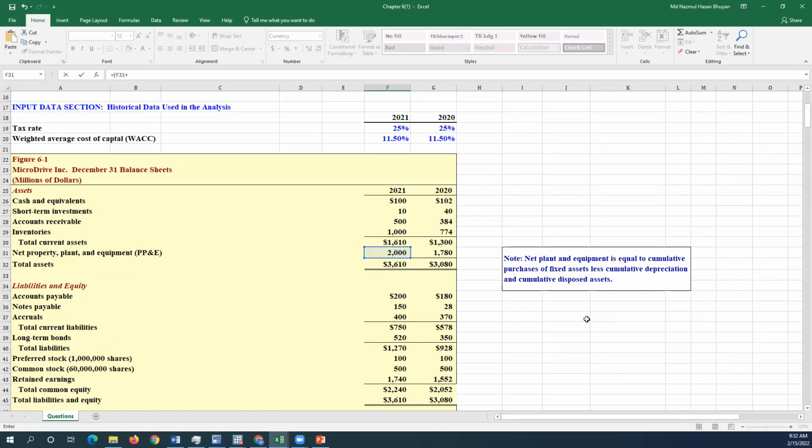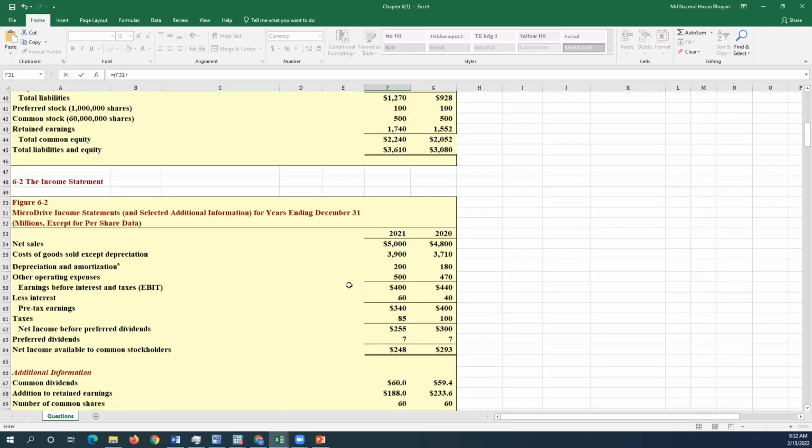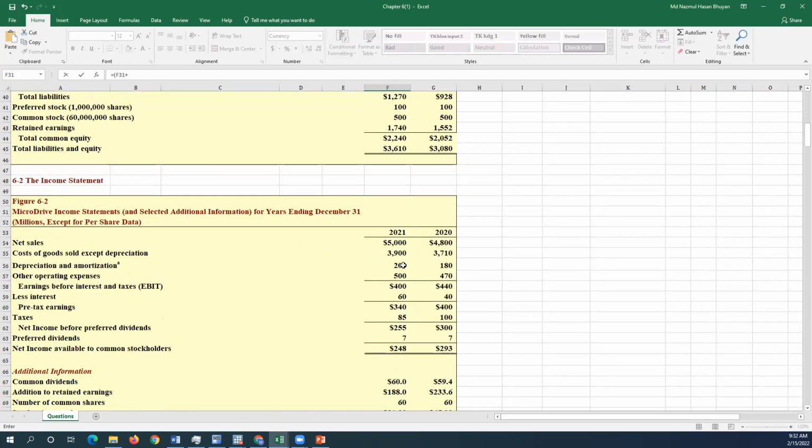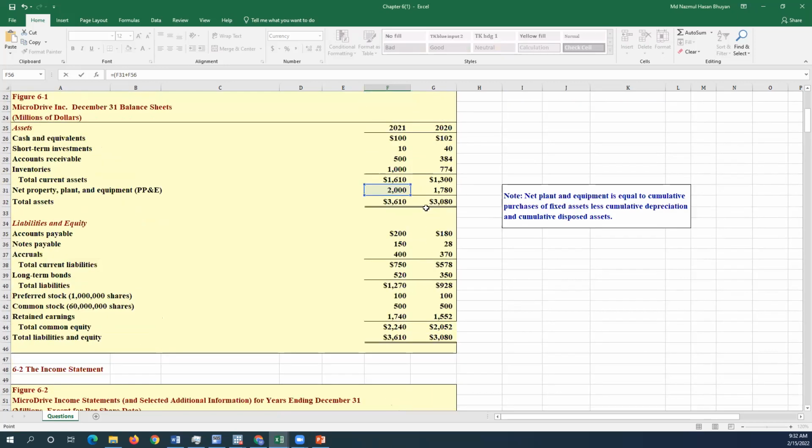We actually reduced our gross PPE by the depreciation amount in the year 2021. So let us add it back. Now we get our gross PPE by the end of the year 2021. Then we started the year 2021 with the ending balance of net PPE in the year 2020.